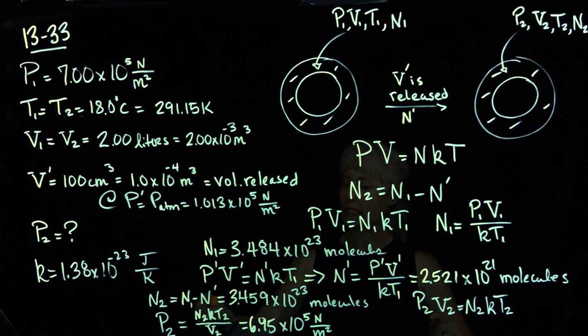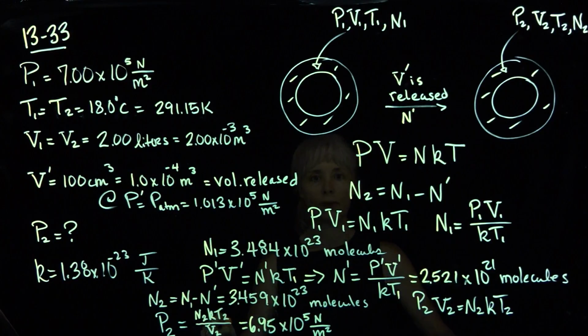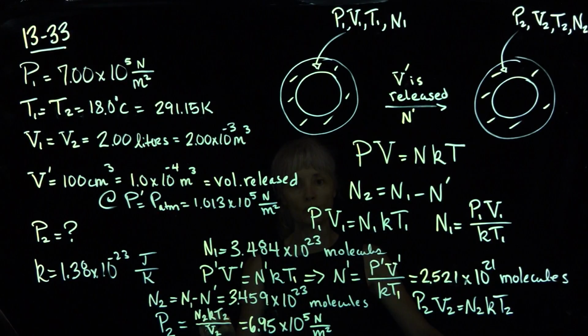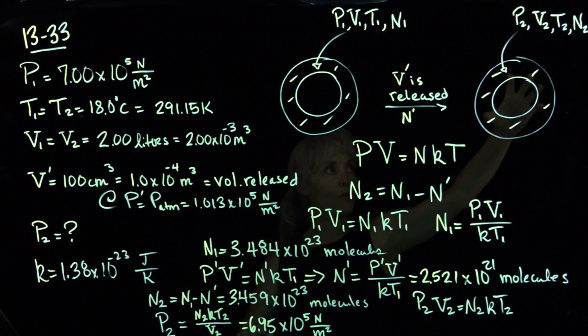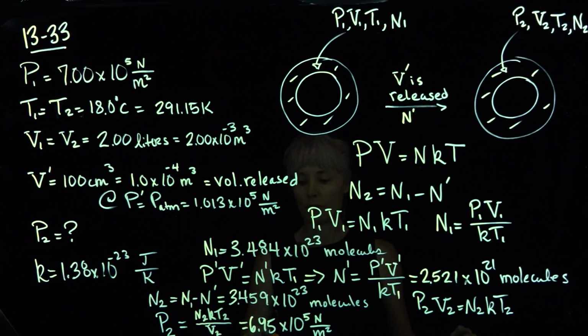So it's N2kT2 over V2, plugging in the 3.459 times 10 to the 23rd molecules times Boltzmann's constant, 1.38 times 10 to the minus 23rd joules per Kelvin, times the temperature, 291.15 Kelvin, and dividing by the volume V2, 2.00 times 10 to the minus 3 cubic meters, we get a new pressure for this tire with the number of molecules decreased as 6.95 times 10 to the 5th newtons per meter squared.